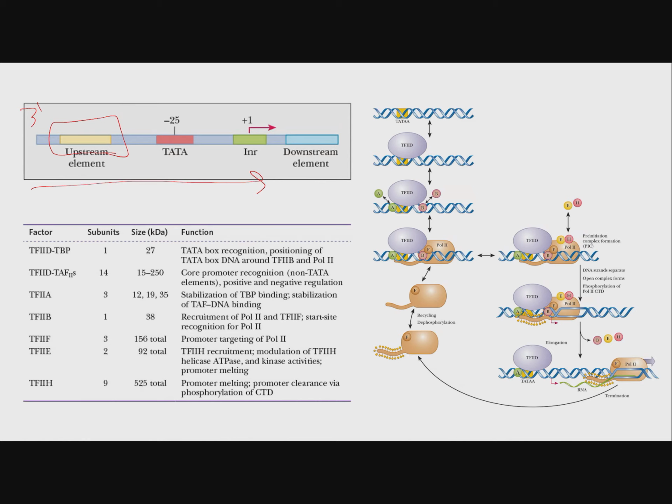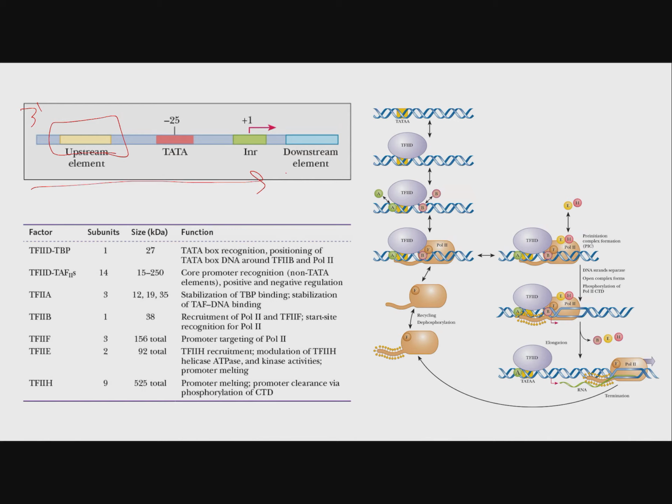There's something called the TATA box. This is about 25 base pairs upstream from the transcription start site. The TATA box contains a lot of T's and A's. Again, these have 2 hydrogen bonds versus 3, so this is going to make pulling the DNA apart here a lot easier. Not as many hydrogen bonds to overcome.